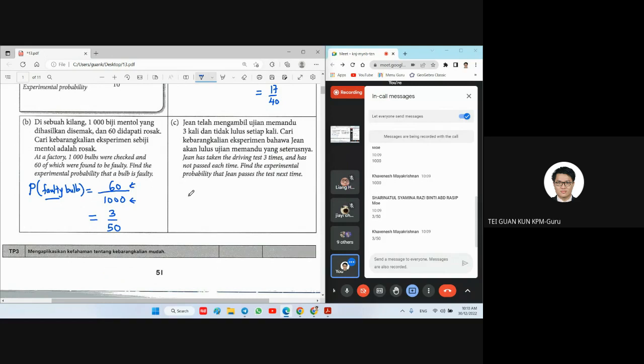Okay, C. Jin has taken the driving test 3 times and has not passed each time. Find the experimental probability that Jin passes the test next time. So probability of passing the test is equal to, okay, pass. Taken the test 3 times. So this is the number of trials. 3 times.